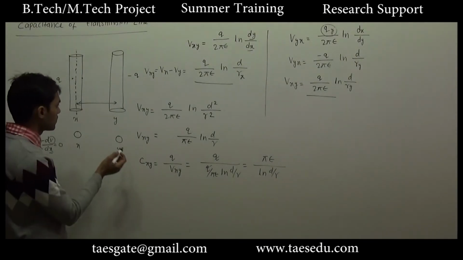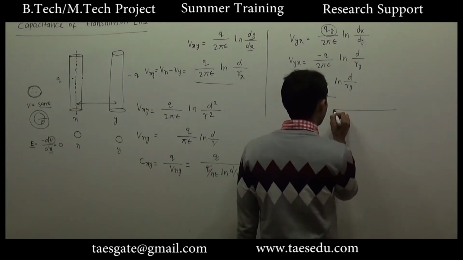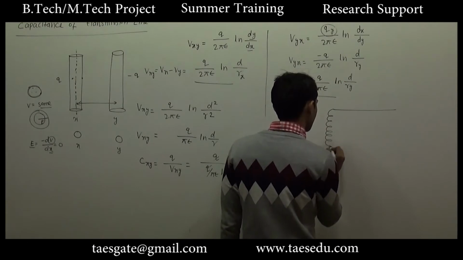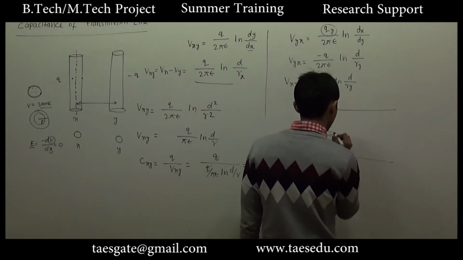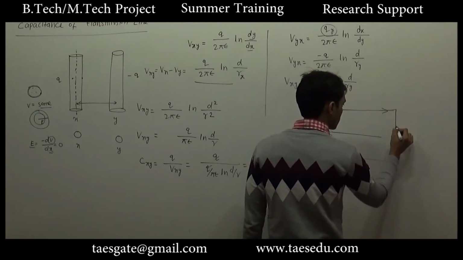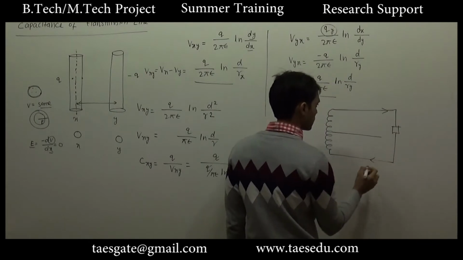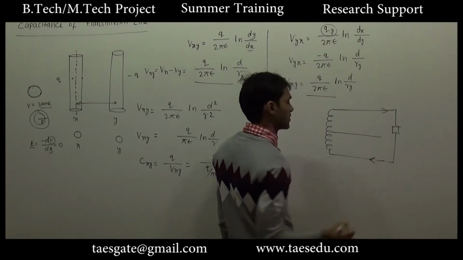Now consider, let's say we have two conductors and these are supplied by a center tap transformer. This is the first conductor. Here you may have some load. This is another conductor for returning current.